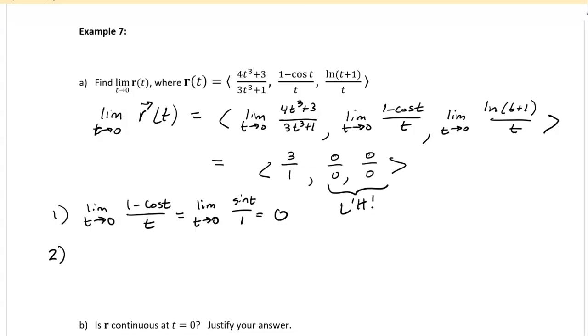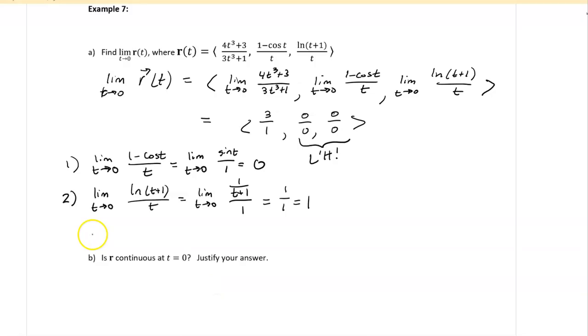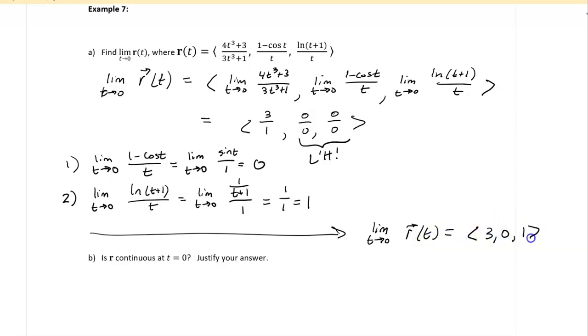For the other component where we get the indeterminate form, the limit as t goes to 0 of ln of t plus 1 over t, take the derivative of the top and bottom individually. We get 1 over t plus 1 over 1. That is 1 over 1, which is 1. So what is our limit equal to? The limit as t goes to 0 of r of t is going to be 3, 0, 1.